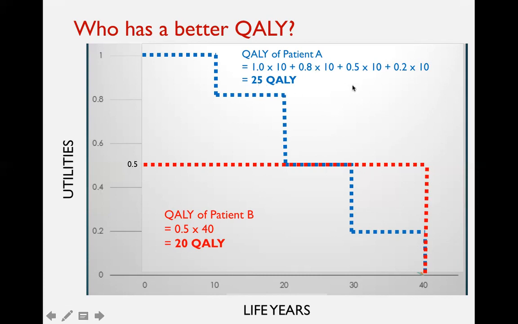So you just add them all up, and you get 25 quality adjusted life years for patient A. In patient B, you have a quality adjusted life year of 20. So just multiply the utility by the number of years spent at that level of utility. So actually, patient A has a better quality of life.